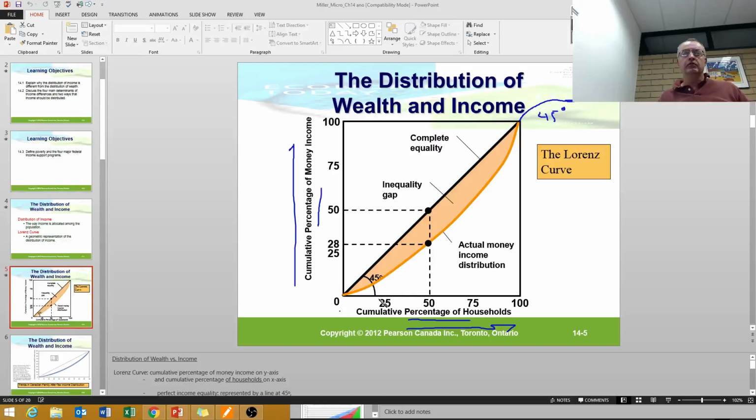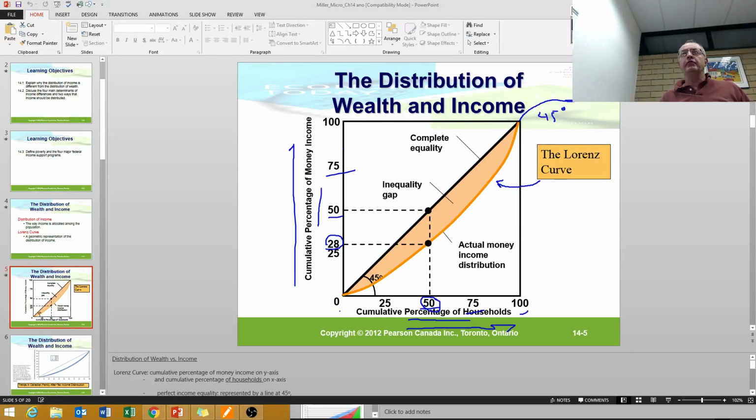So 50% of the households would have 50% of the income, 75% of the households would have 75%, 100%, 100%. And so any deviation from this 45-degree line is a measure of income inequality, and that's the Lorenz curve. It's a measure of unequal income distribution. So in this little example here, we have 50% of the households, the bottom 50%, having only 28% of the income.